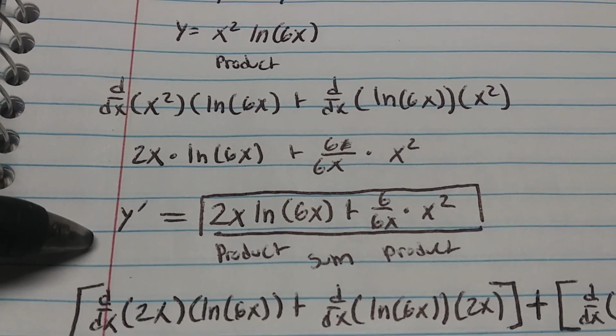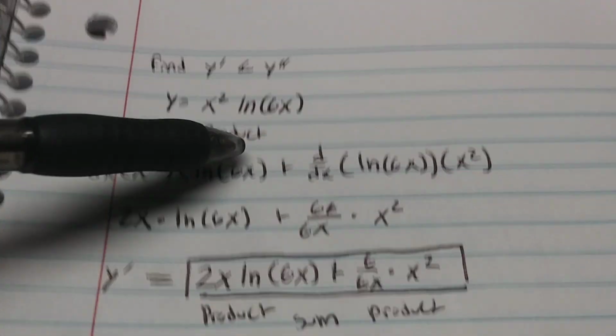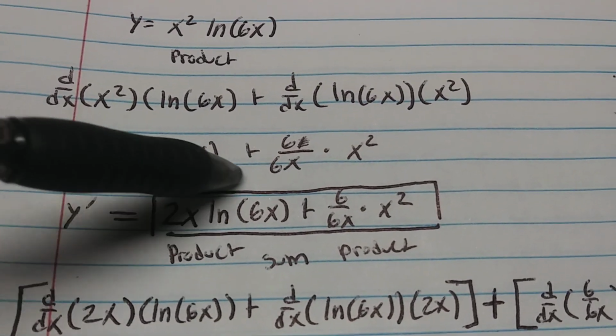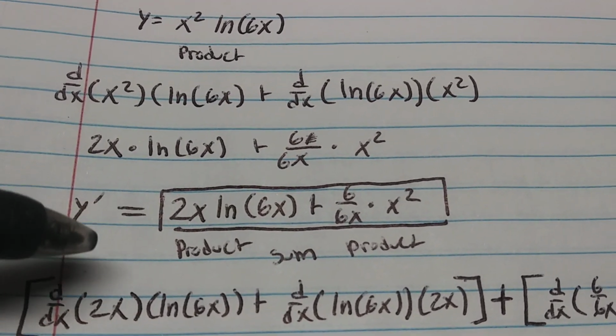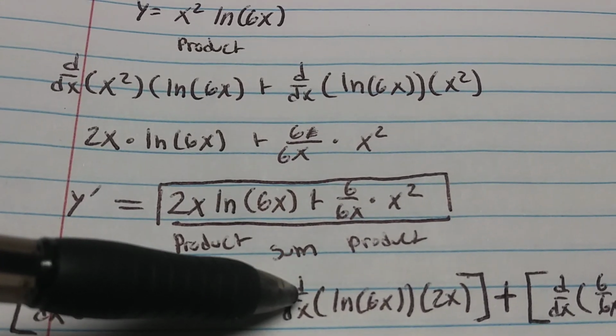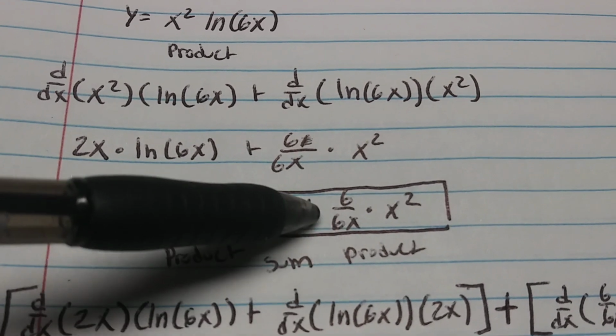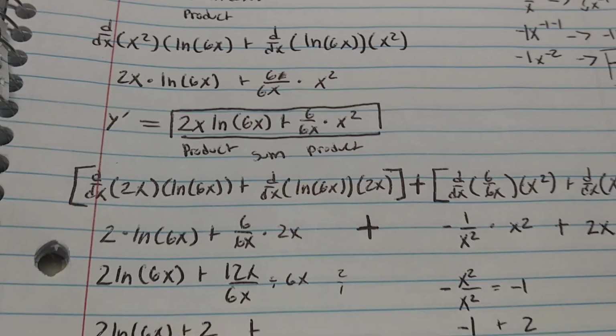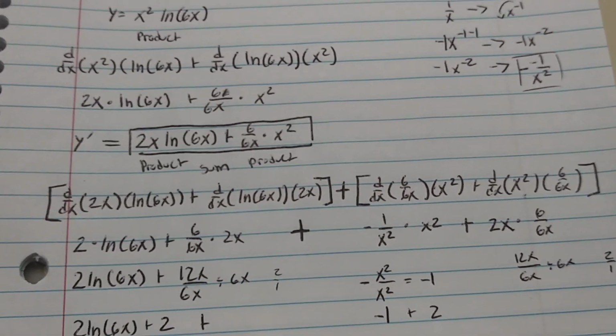Then from here we're going to try to find our second derivative. We can see that this whole chunk here, this 2x times ln 6x, is actually a product rule, plus our sum rule times another product rule of 6 over 6x times x squared. So we go ahead and write this out again.